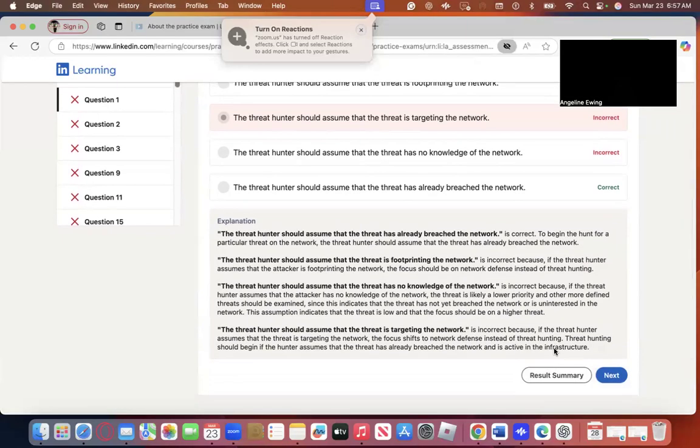And finally, if the threat hunter assumes that the threat is targeting a network, the focus shifts to network defense instead of threat hunting. Threat hunting should begin if the hunter assumes that the threat has already breached the network and is active in the infrastructure.